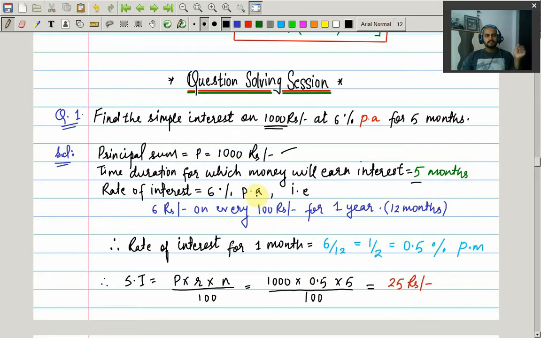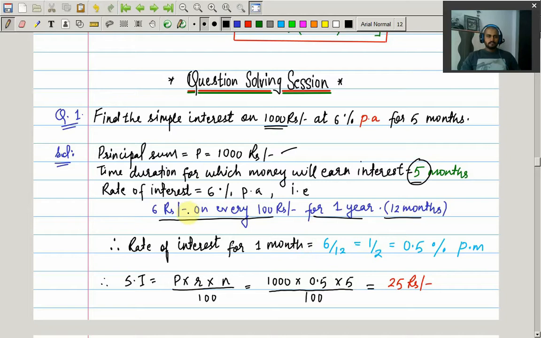So that is 6 rupees on every 100 rupees for 1 year, that is for 12 months, but the time duration is 5 months. So it's better to convert our rate into month.